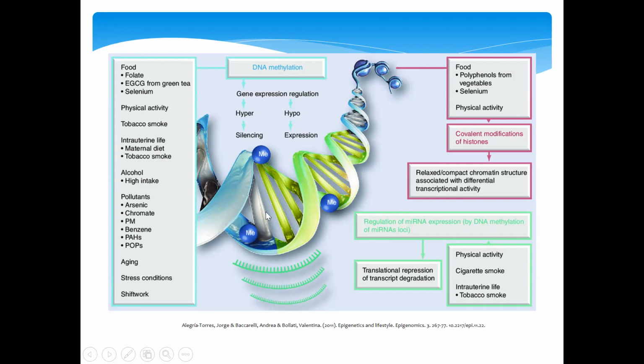Alcohol intake is going to affect the expression, and so are pollutants. All of these begin to affect how this gene is going to replicate itself. Aging overall does. Stress is huge. Remember, stress is chemicals. Chemicals are bad.